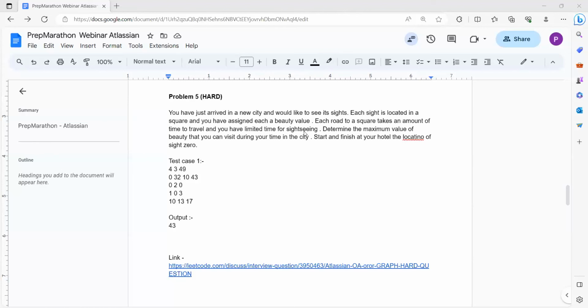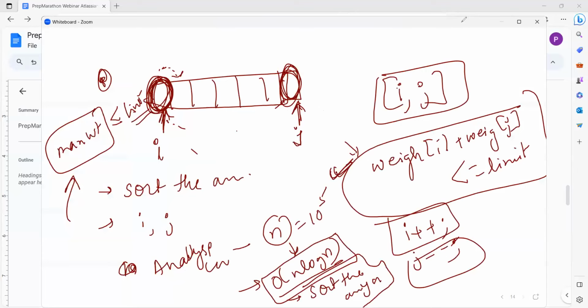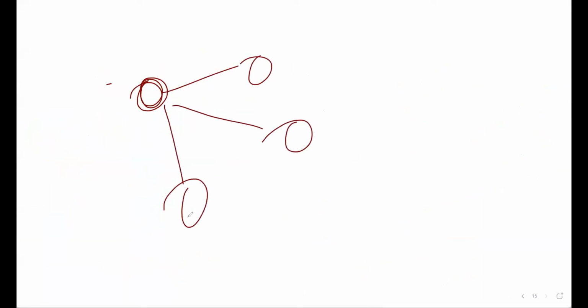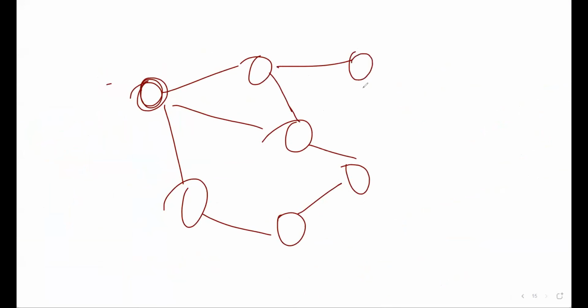So let me use my whiteboard. The problem is not very hard. Suppose this is your hotel. From this hotel you can go to different points, and from these points also you can go to different points.